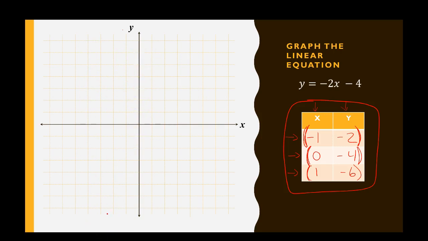Okay, so what you would do then is plot these 3 ordered pairs. So negative 1, negative 2 would fall right here. 0, negative 4, 1, 2, 3, 4 would fall here. And the last one is 1, negative 6. 1, 2, 3, 4, 5, 6, which would be down here.